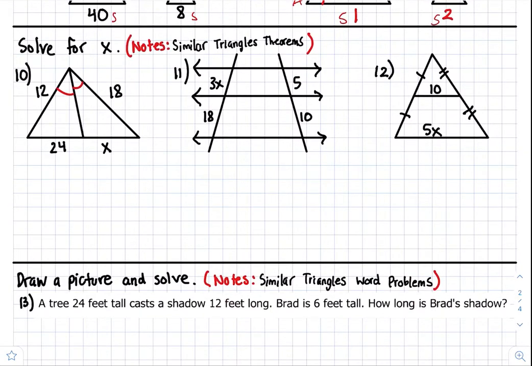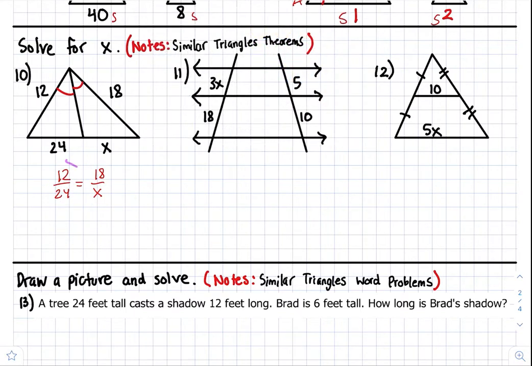Alright, so we have the similar triangle theorems. So when you guys see problems such as 10 and 11, you just make a proportion because we have similar triangles. So for this one, 12 over 24, this is not the only way to make a proportion, but this is just a way to make a proportion. I'm gonna cross multiply.